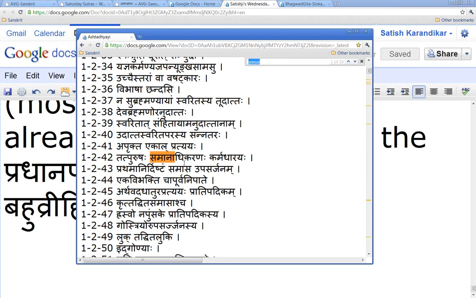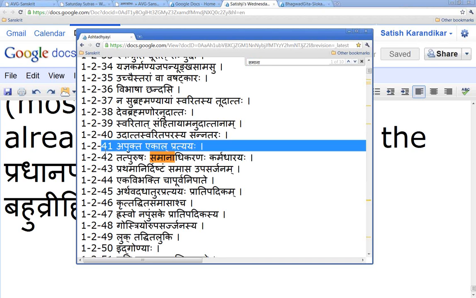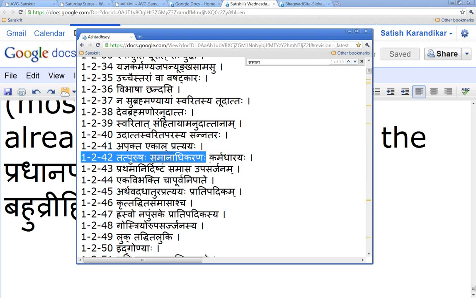And so on. Anyway, so now what is the Karmadharaya compound? Where does it fit in all of this? Tatpurushaha Samanadhikaranah Karmadharayaha. So this is outside this compound, this 1242, that the Tatpurusha compound where the Samanadhikaranam is there between the two padam, they are called a Karmadharaya compound. Let me put this in the document.